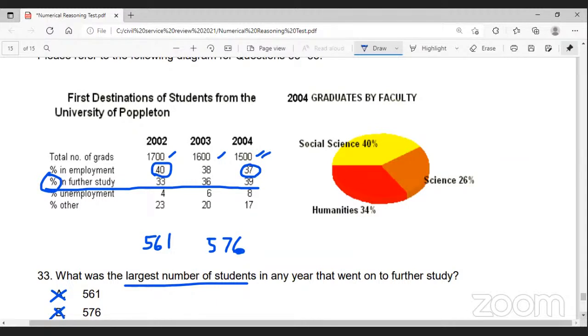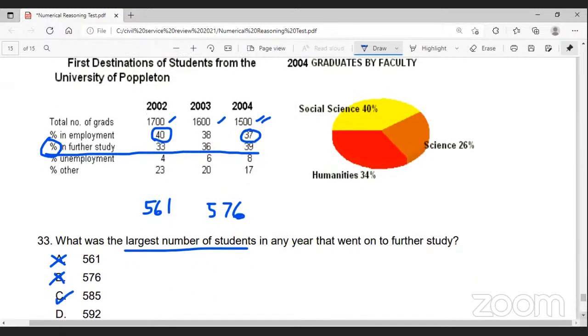How much is the decrease? What is the number of students who were employed, the difference from 2002 and 2004? So again, multiply 0.40 to 1,700, multiply 0.37 to 1,500.